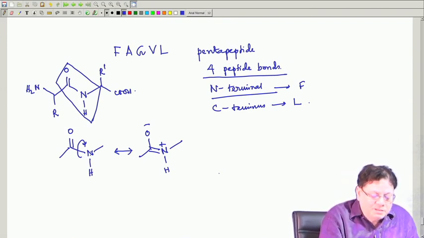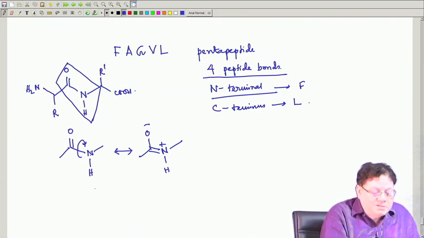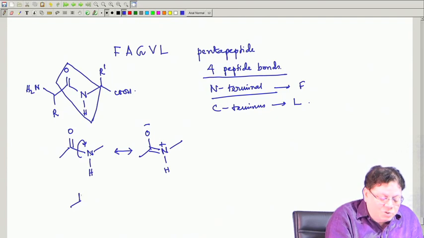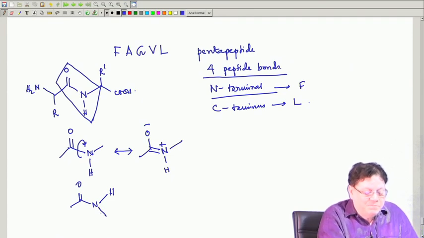Number 2 is why this is in the anti form, because I can also draw the other form where the hydrogen is here and the substituent is there.